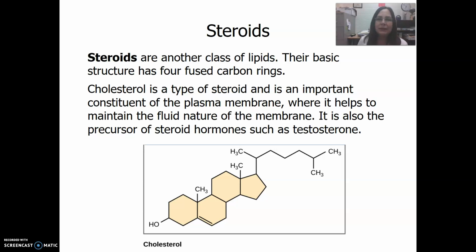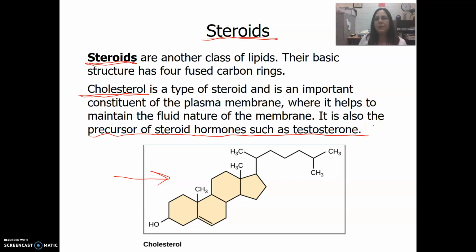Another example of lipids are steroids. Steroids always start out as cholesterol. And cholesterol is also found in the plasma membrane. Cholesterol affects the fluid nature of the plasma membrane. And cholesterol is the precursor of steroid hormones such as testosterone.